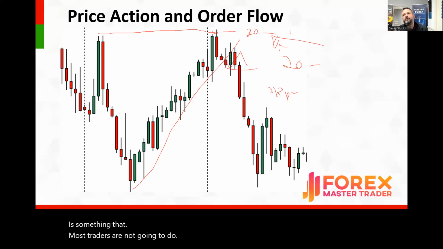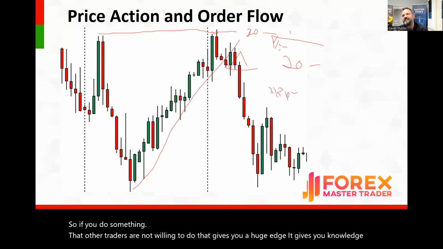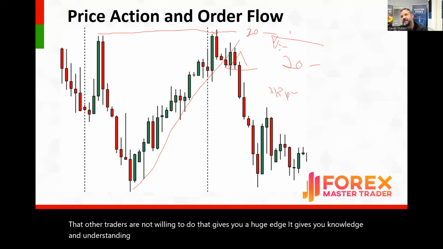So if you do something that other traders are not willing to do, that gives you a huge edge. It gives you knowledge and understanding and skills and talent and patience. It gives you something that other traders will never get because most people are not going to do this.